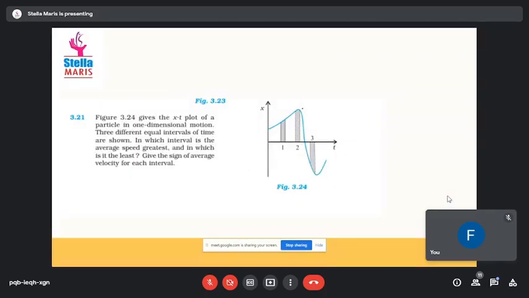Very good. First is positive, because x1 is here. This is x1 and this is x2. So x2 has a higher value than x1. So x2 minus x1, or I can say x2 is greater than x1, so del x will be positive.